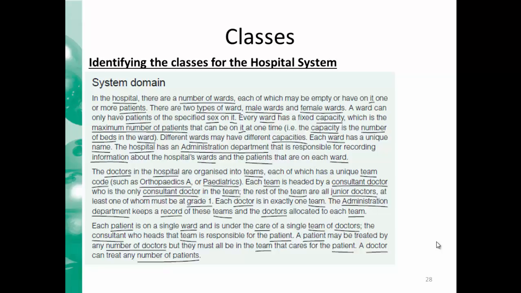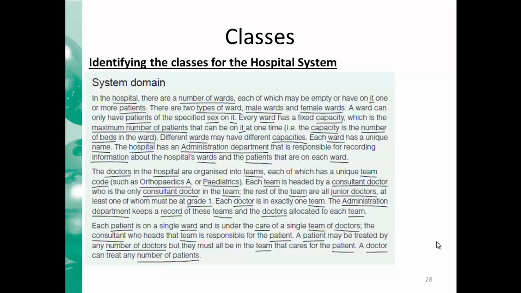Now we will apply the same rules on our system, the hospital system. In this slide you see the system domain of the hospital system, and you can see that all the nouns and noun phrases are underlined.